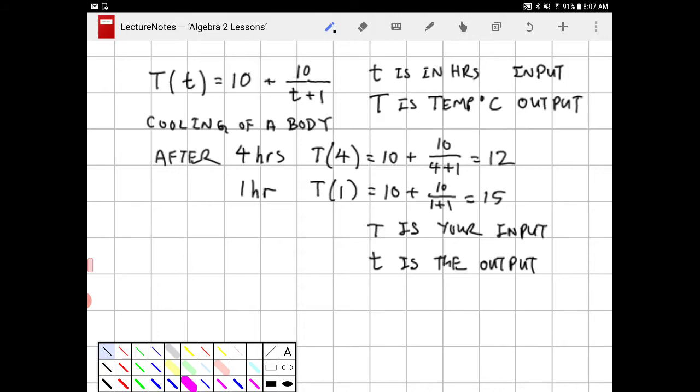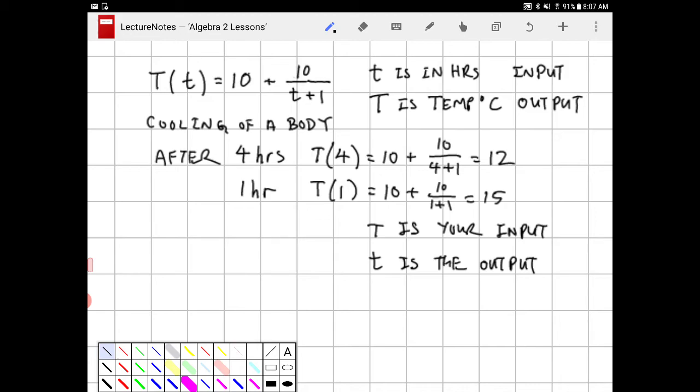So why would this be useful? Let's say this equation actually described the cooling of an organism that just deceased. Then a forensic scientist would be able to compute how much time has passed since that organism died.